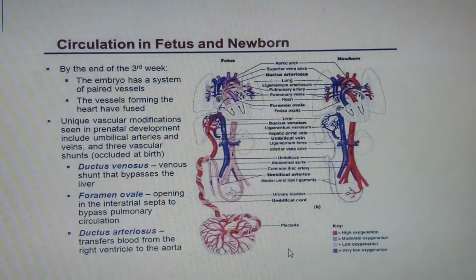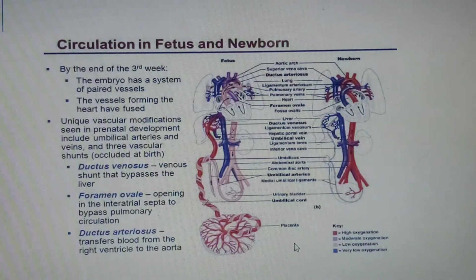Within the umbilical cord, we have a single vein and two arteries: the umbilical vein and two umbilical arteries. Unlike post-fetal life, where veins carry oxygen-poor, deoxygenated blood and arteries carry oxygen-rich, oxygenated blood, for the umbilical vessels it is exactly opposite.